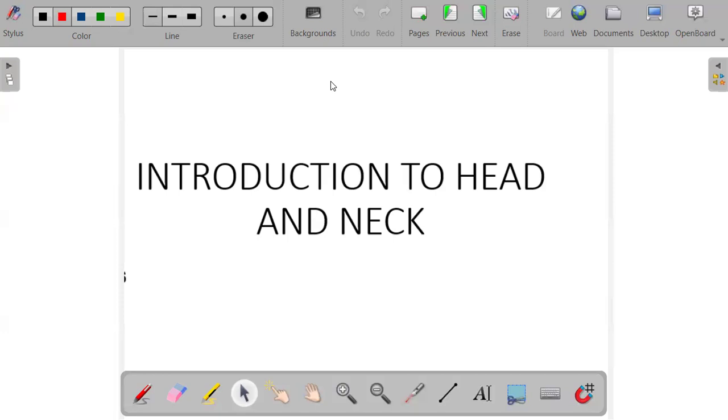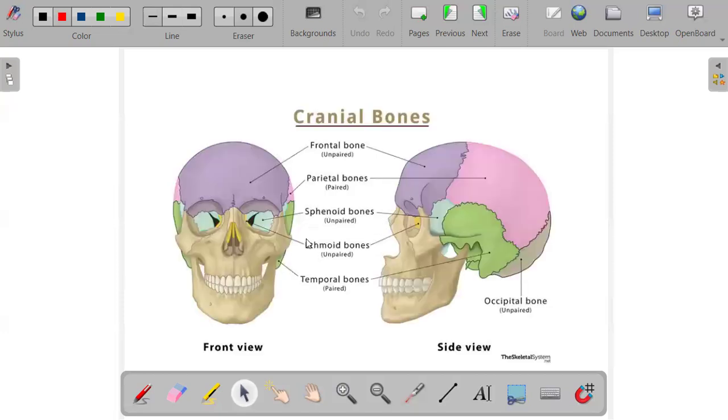There is a picture here that is going to show us exactly what we're talking about. You can see these bones, the colored bones going up. All these colored bones up here are what we are calling the cranium or the cranial skeleton. This part is what covers the brain.